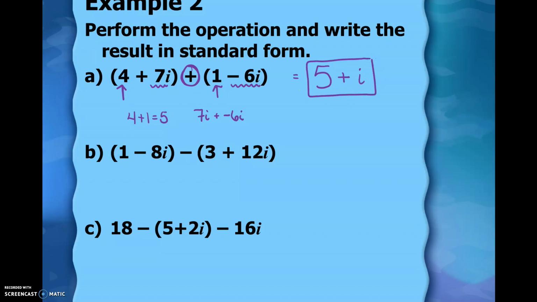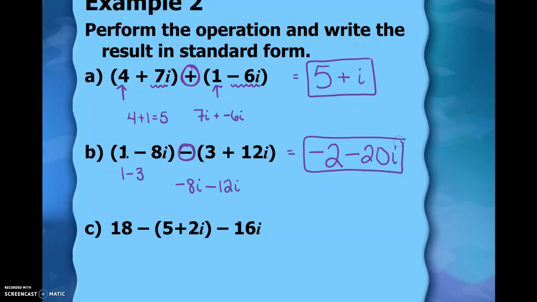In B, you're going to do exactly the same thing, but you're going to use subtraction both times. So 1 minus 3, what is 1 minus 3? And then -8i minus 12i. -8 minus 12, -20i. So you're matching up here.